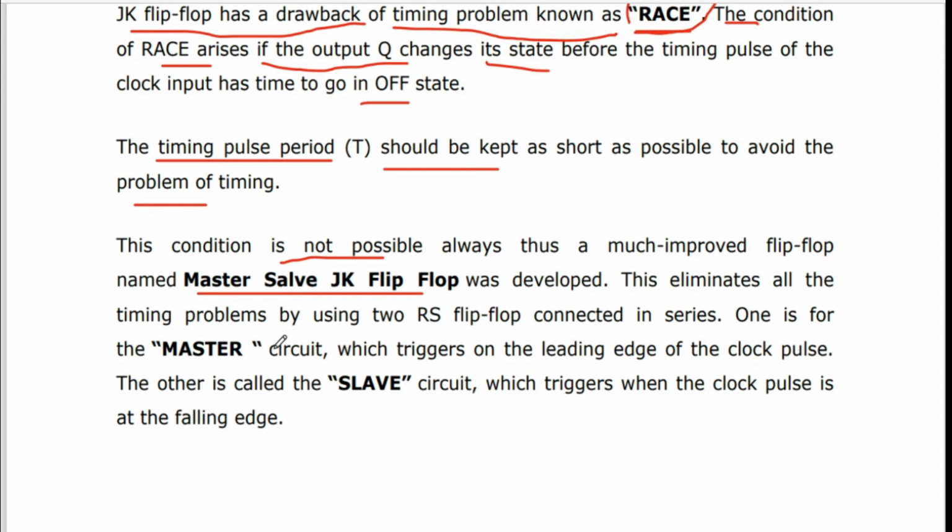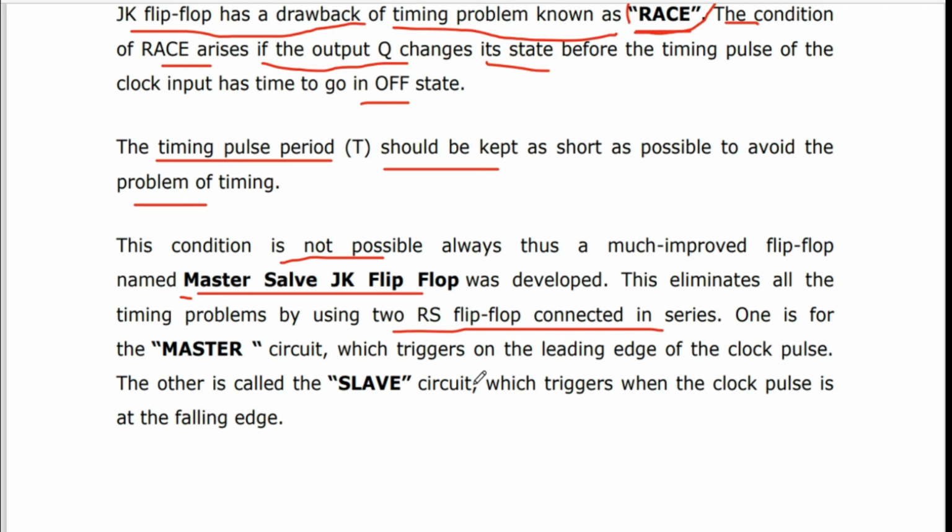With a modification in your JK flip-flop and designing a master slave JK flip-flop, we can eliminate this problem of racing. This eliminates all the timing problems by using two SR flip-flops connected in series.